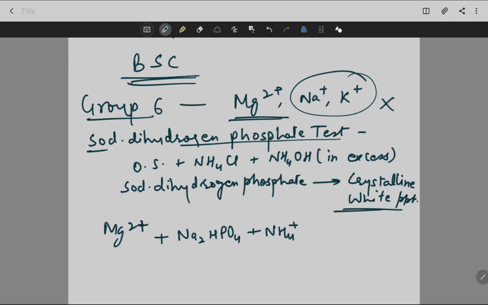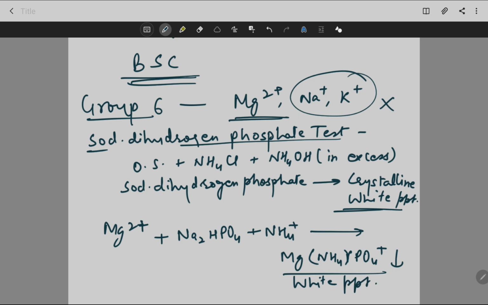So we get the white precipitate because of the formation of MgNH4PO4, magnesium ammonium phosphate. So because of this we are getting the white precipitate.